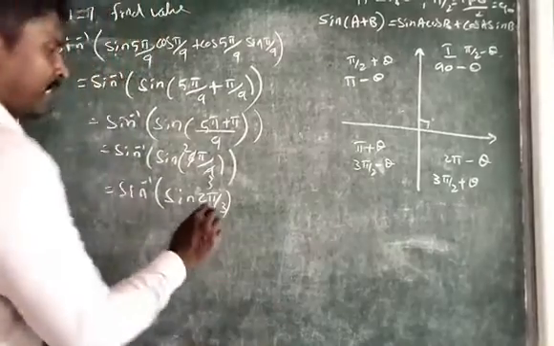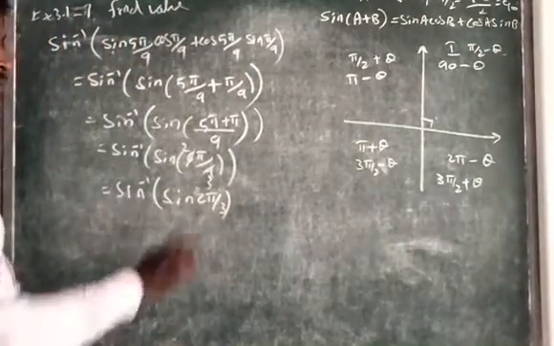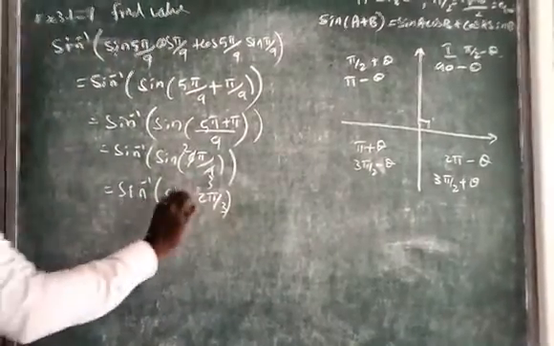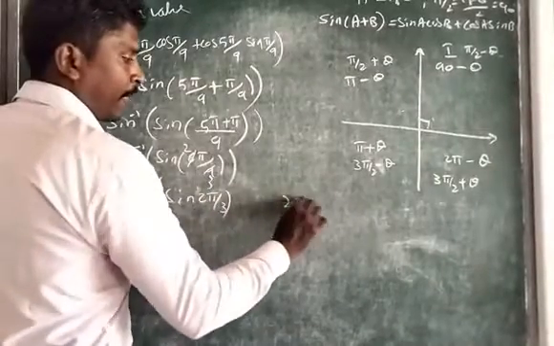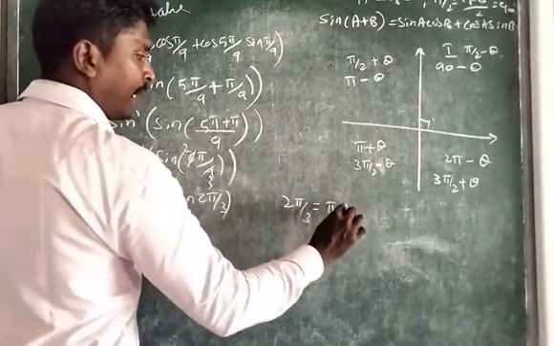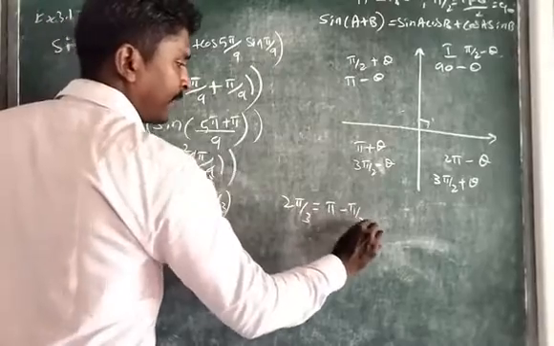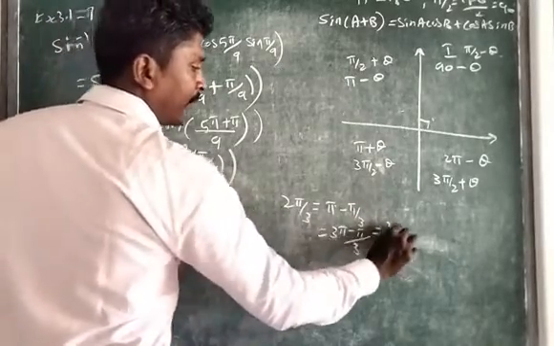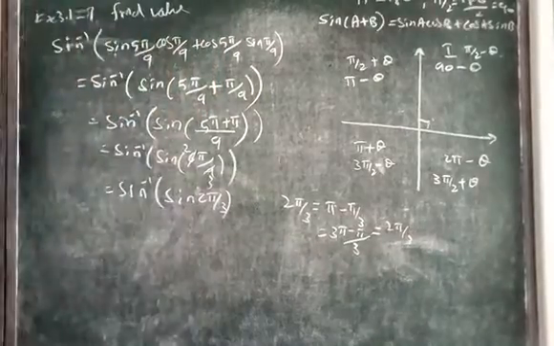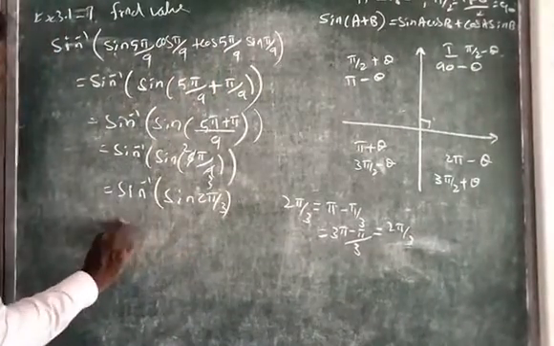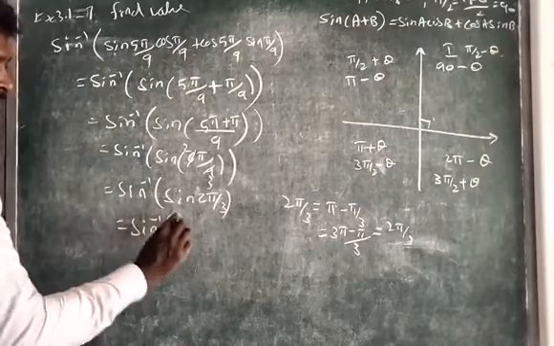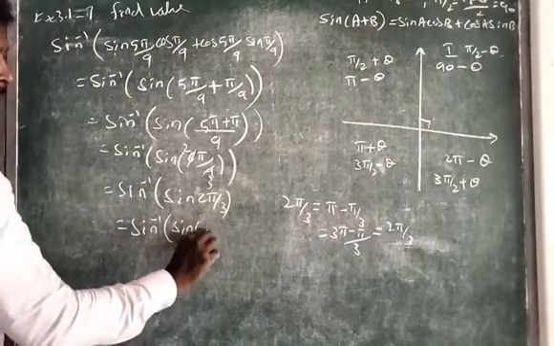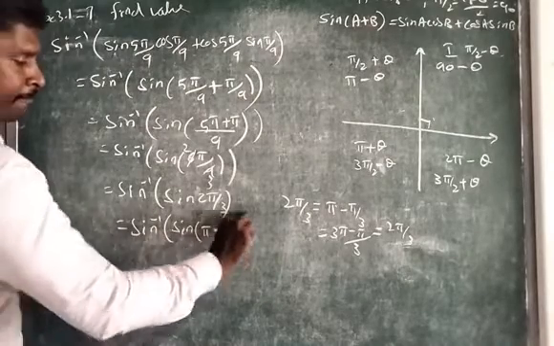Now we can check 2 pi by 3. We can write 2 pi by 3 as pi minus pi by 3. If we cross multiply, 3 pi minus pi over 3, it becomes 2 pi by 3. So without changing the value, we can write sine inverse of sine of pi minus pi by 3.